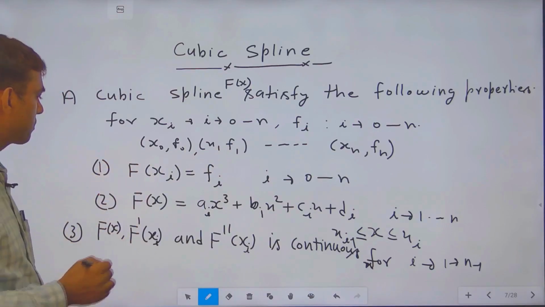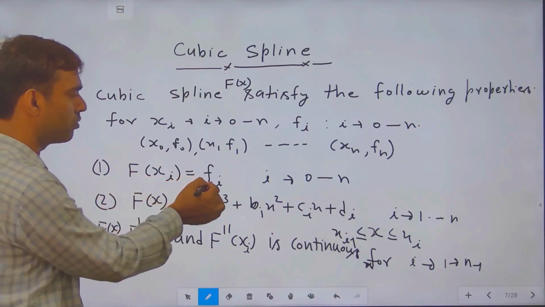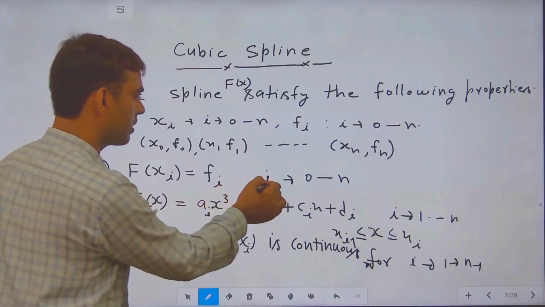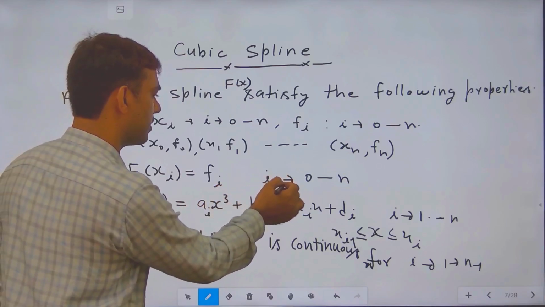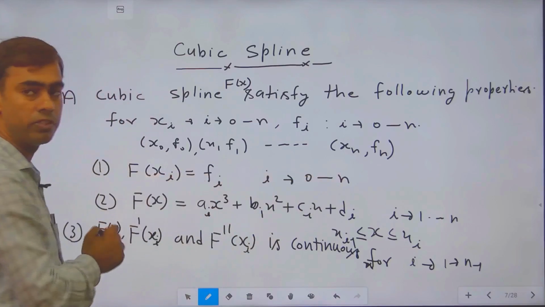First, the value of the cubic spline function equals the value of the function at each data point, that is, f(x0) equals f0.